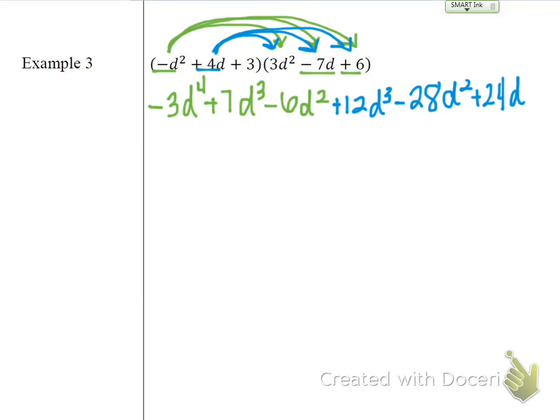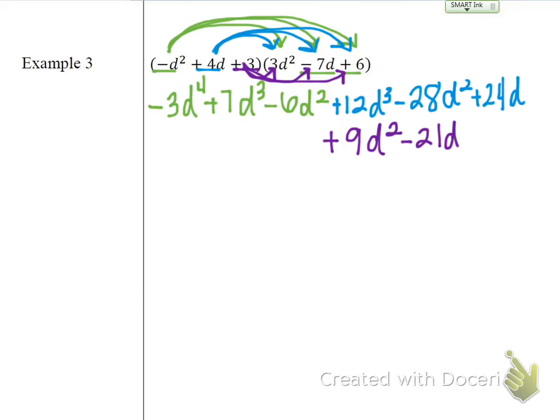You have to do it one more time, but this time you're going to multiply 3 by everything in the other parentheses. I'm going to go under because I ran out of room. So 3 times 3d squared is plus 9d squared. 3 times negative 7d is negative 21d.